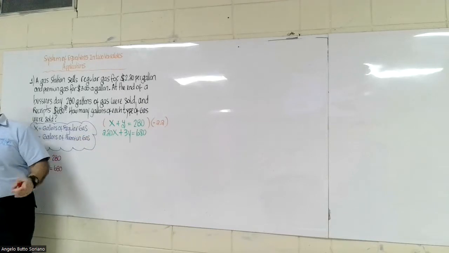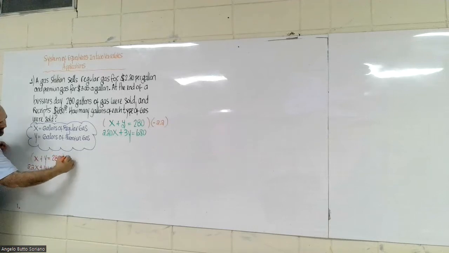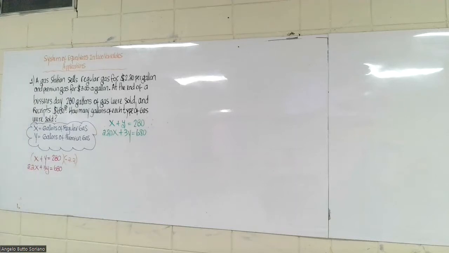You don't need to multiply the lower equation. Negative 2.2 times x is negative 2.2x. Negative 2.2 times y is negative 2.2y, equals 280 times negative 2.2.